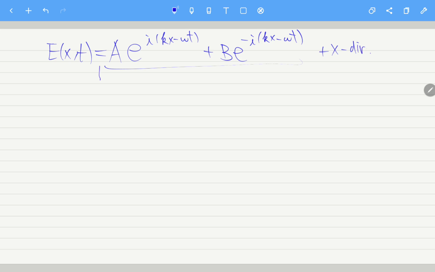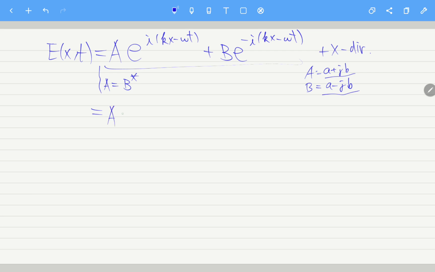Here we also have A as the complex conjugate of B, which means A is like a plus jb, and B is a minus jb. So B is the complex conjugate of A, or A equals the complex conjugate of B.